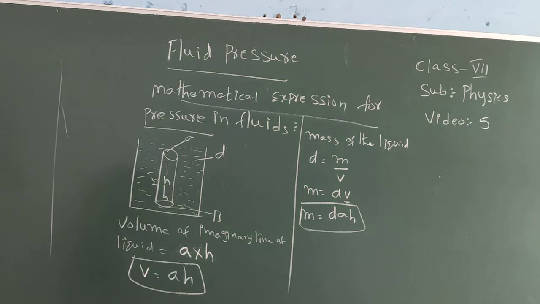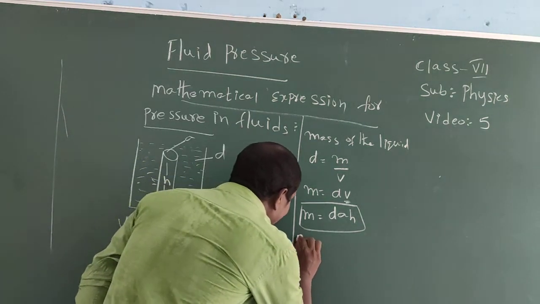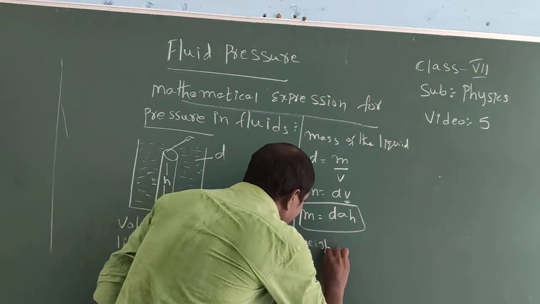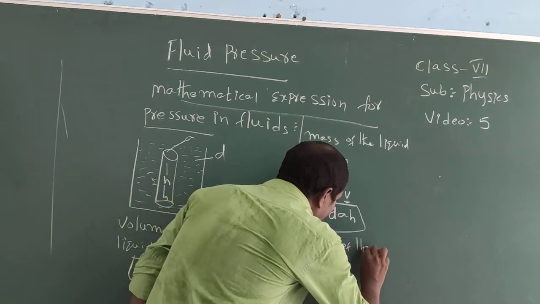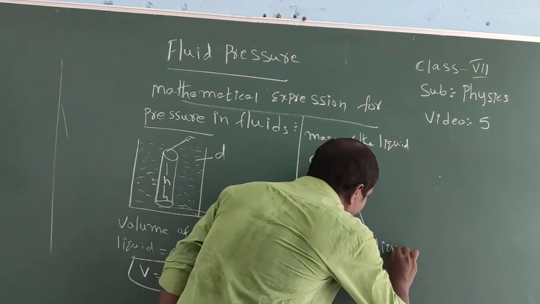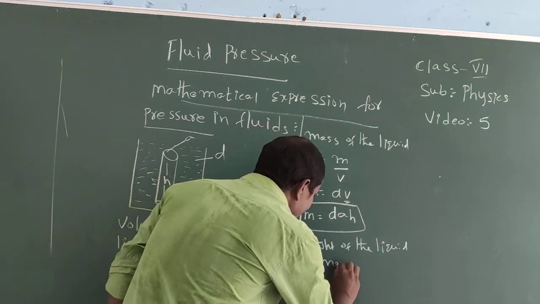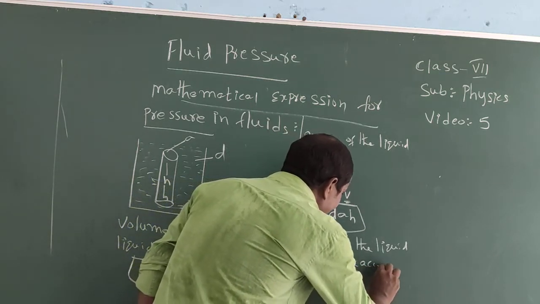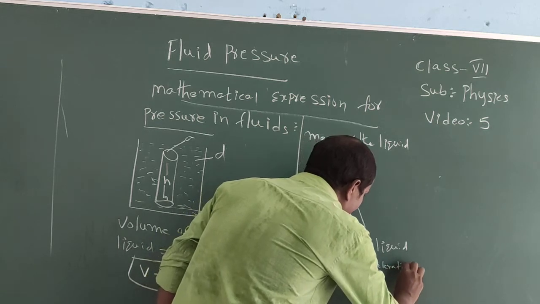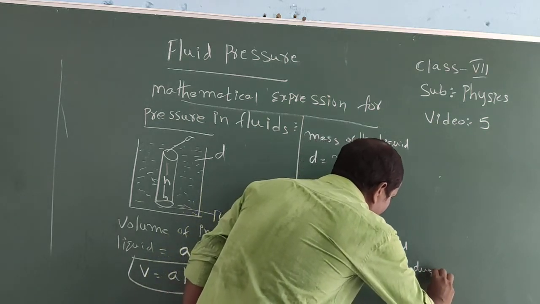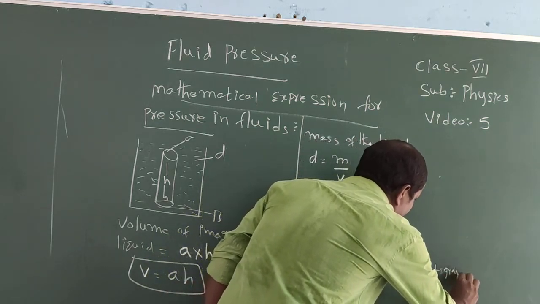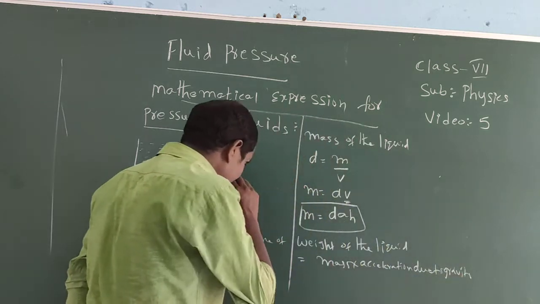So the weight of the liquid column is equal to mass into acceleration due to gravity. That is weight.